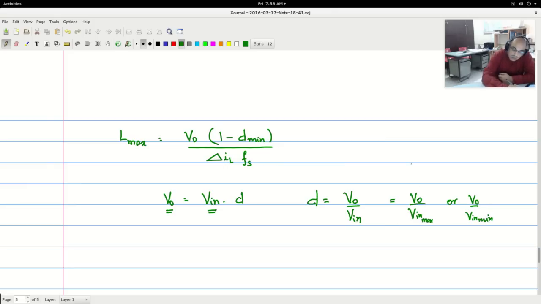So these would be the limiting values, where V naught by V in max will be D min value and V naught by V in min will be the D max value.